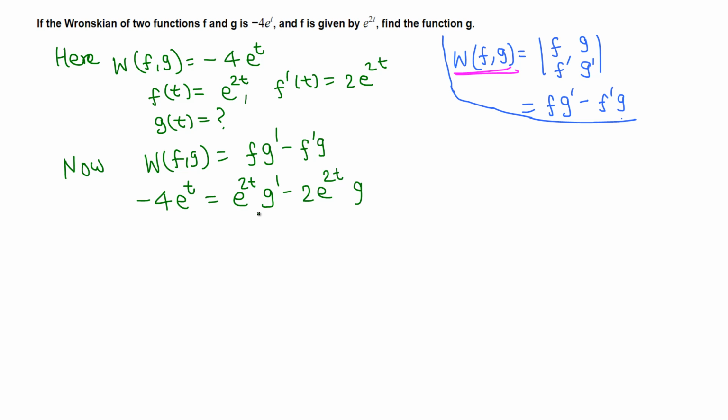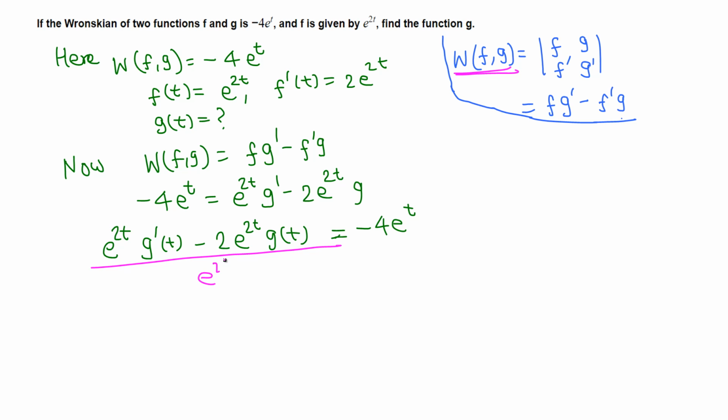Move the right hand side to the left, which is the same as e raised to 2t times g prime as a function of t, minus 2e to the 2t g, is equal to -4e^t. Now let's divide by e raised to 2t, which is non-zero, so we can always divide by e raised to 2t.